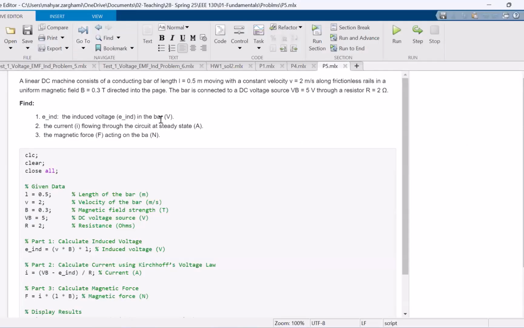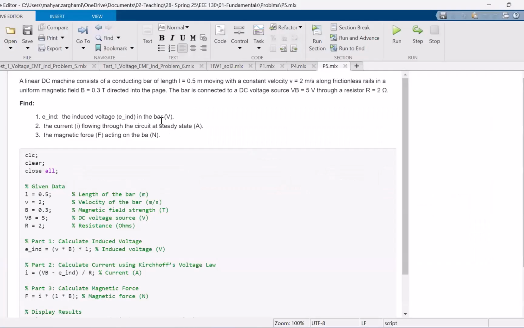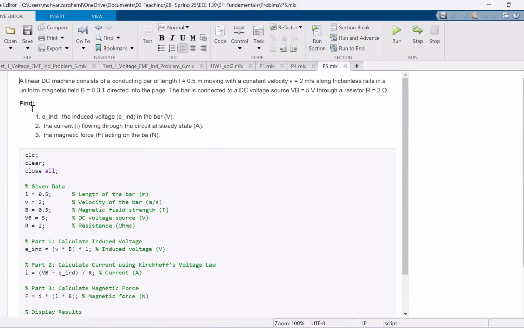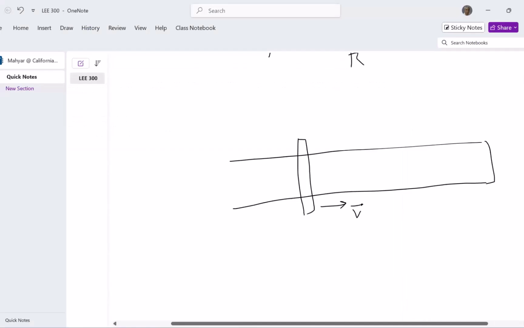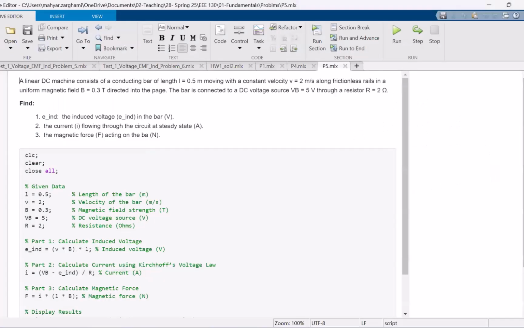And then it could move, like this could be a train, for example. It moves with a V speed. So these are the rails in a uniform magnetic field. So let's say your magnetic field is into the page, B equal to 0.3 Tesla.